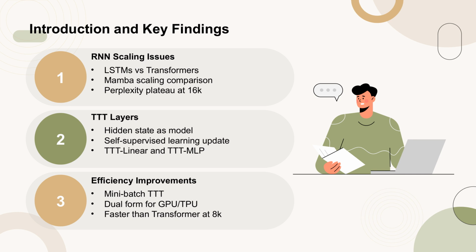Two instantiations of TTT layers are proposed, TTT linear and TTT MLP. Additionally, the paper discusses practical innovations to enhance the efficiency of TTT layers, including the use of mini-batches and a dual form for operations, which significantly improve training speed on modern hardware. These innovations make TTT linear a practical component for large language models, LLMs.